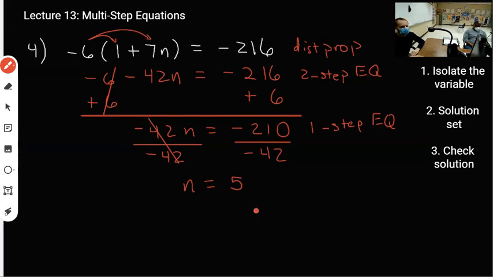So n is going to be equal to 5. I put that inside of my solution set. Okay. So the last thing that we want to do with this problem is check the solution. We want to plug this back into the original equation and make sure that it works. And I'm going to do that on the next slide.